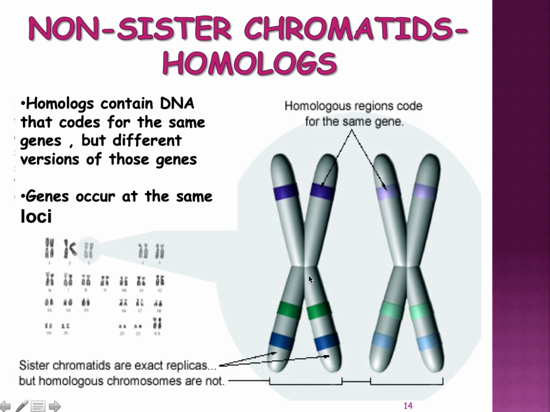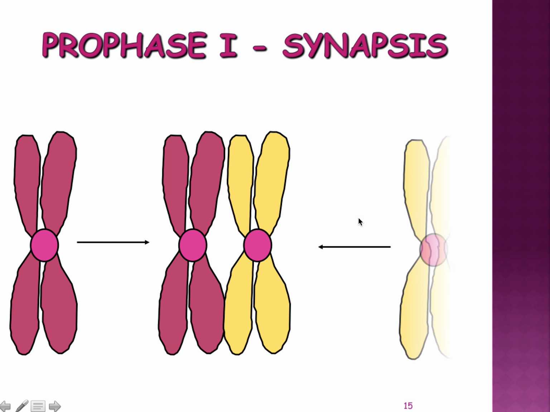Let's say the chromosome on the left came from mom and the one on the right came from dad. Mom had blue eyes, so she passed that on to you, and dad had green eyes and he passed that on to you. That's how we get these homologous chromosomes matching up in meiosis.